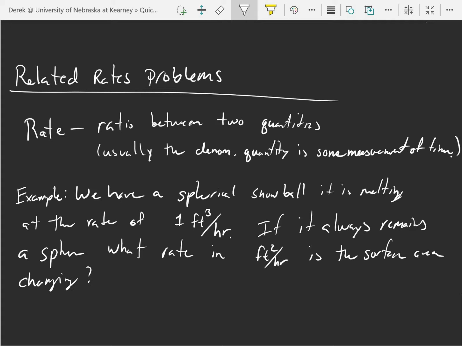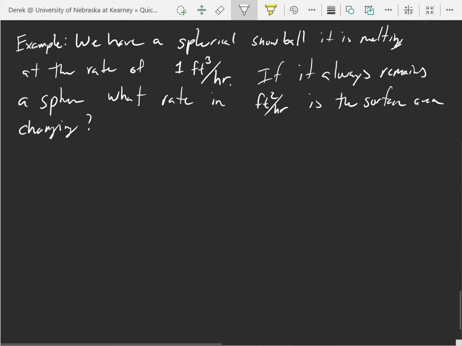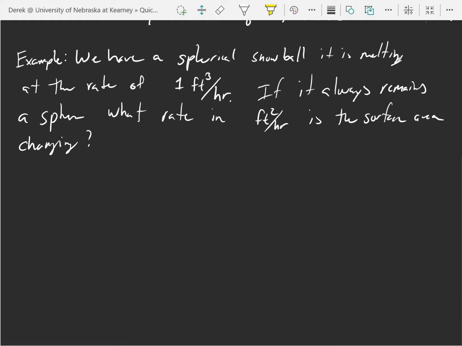Okay, so we know the rate of the volume. We want to know the rate of the surface area. So somehow I'm going to have to relate volume to surface area. We might recall that we've got a relationship between radius and volume, the volume as a function of r is equal to 4/3 pi r cubed.